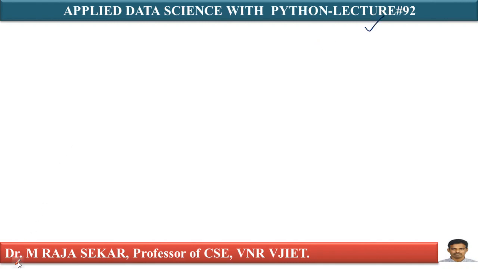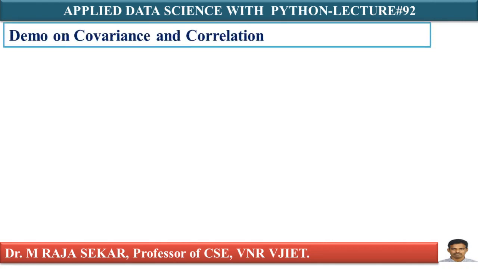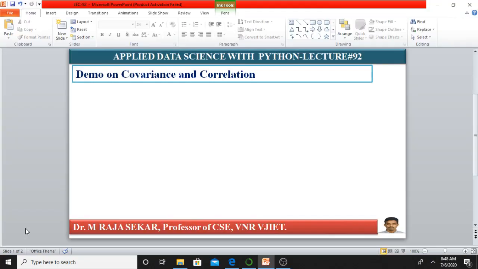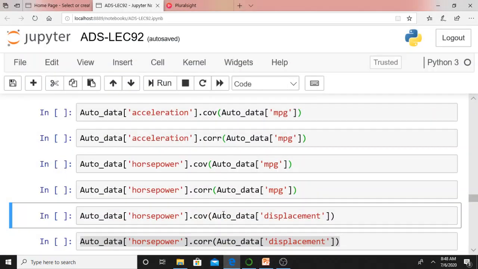In this lecture, we will try to understand covariance and correlation with the help of Python programming language. Let me go to our Jupyter notebook. I request you to go through my previous lecture in which I discussed this particular data frame, auto_data.